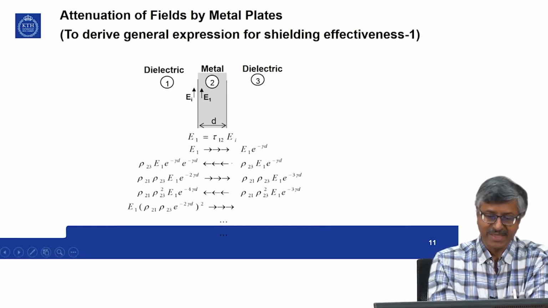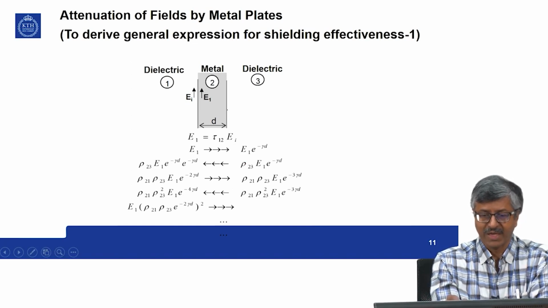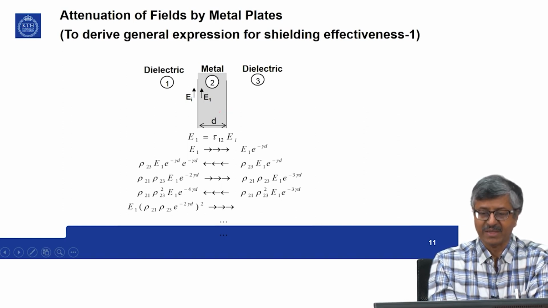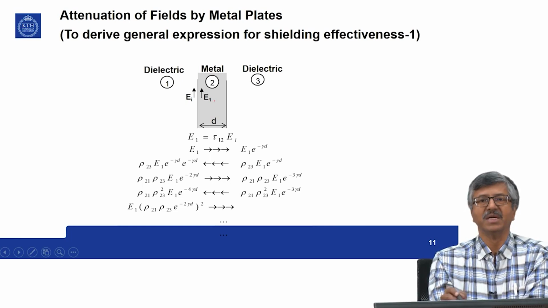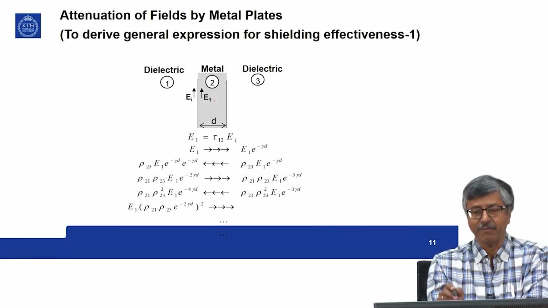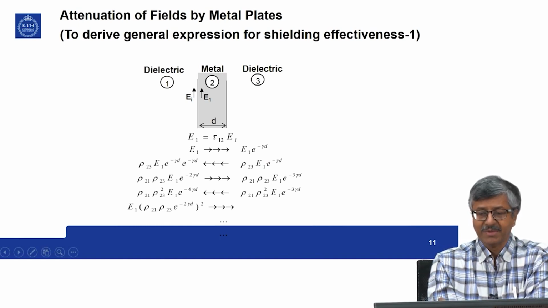Just look at what is getting reflected from the right boundary, on the left side of it. So, rho 23 is the reflection coefficient when a wave is moving from medium 2 to 3, times this value E1 e to the power minus gamma d.